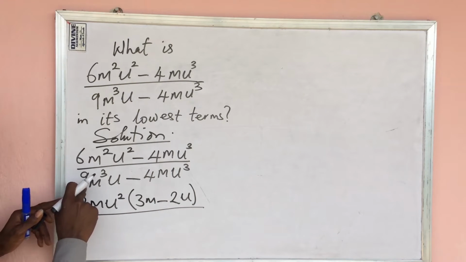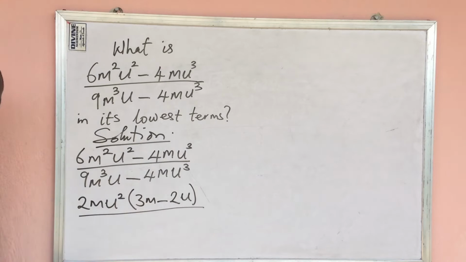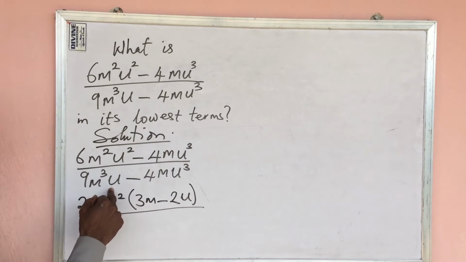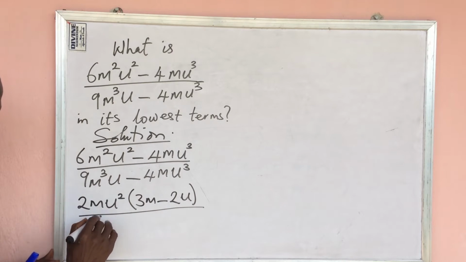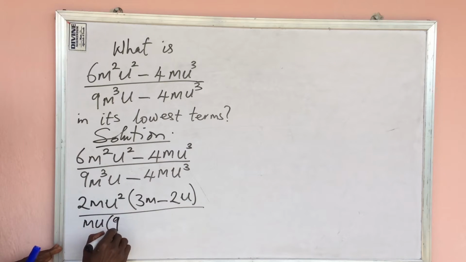So here, in terms of numerals, no number is common. So we go to the alphabet. M is here, m is here, u is here, u is here. So we bring out m and u. Of course, 9 will remain here.